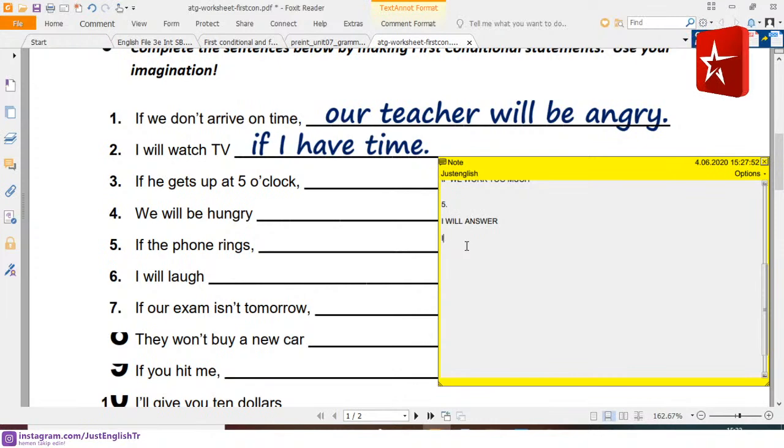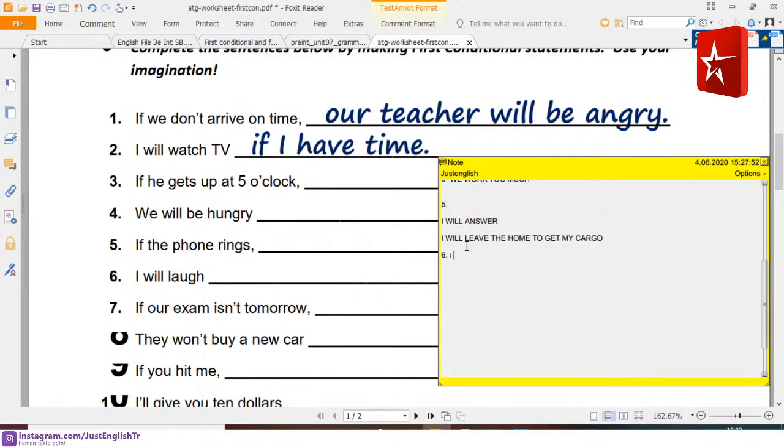If the phone rings, I will leave the home to get my cargo, for example. As you know, cargo companies call the people if they arrived at the address. Yes, I will be scared if called from my girlfriend. Ramazan says you will call from me. I will answer. All right, let's continue with number 6.